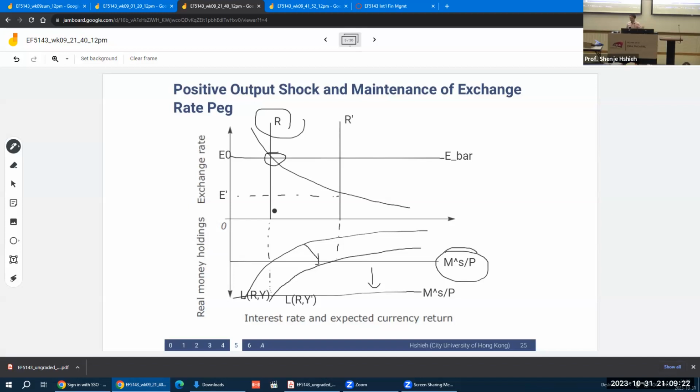So if there's an output shock, there must be a strengthening of our currency because interest rates are higher. That can't be true. So under a pegged exchange rate, monetary policy must be fully dedicated to maintaining the peg, and therefore they must expand money supply to reduce interest rates back to R so that the peg can be stable at E bar.